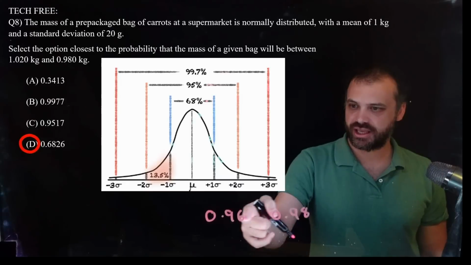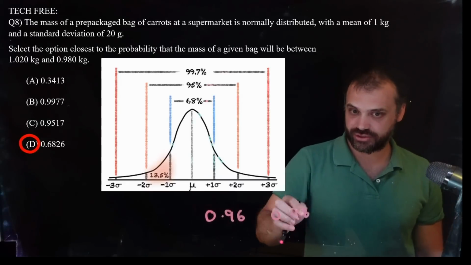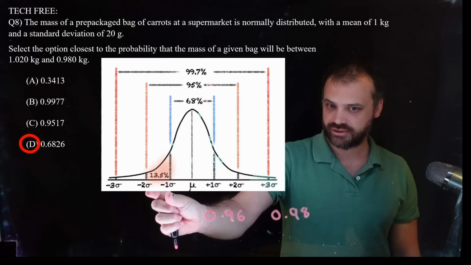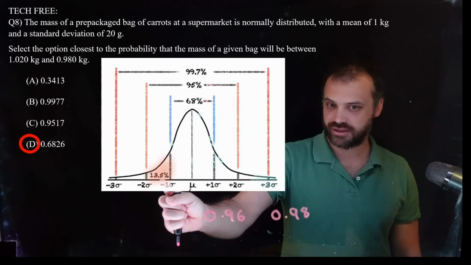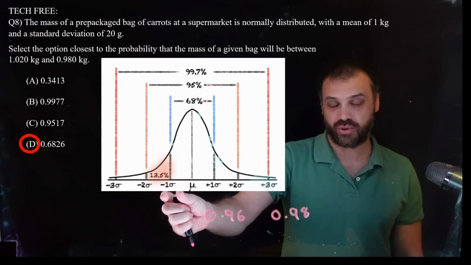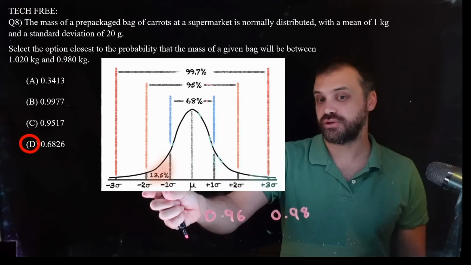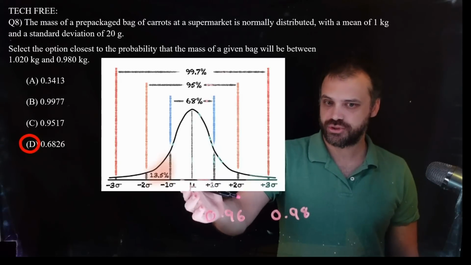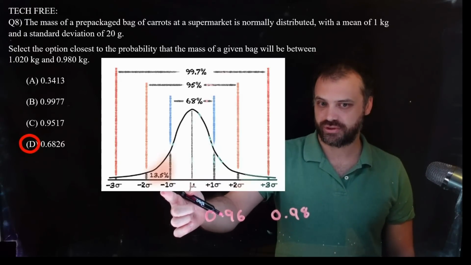So if they said it was between those two values, you would need to be able to calculate this number here, which is 0.135 or 13.5%. How would you be able to calculate 13.5?